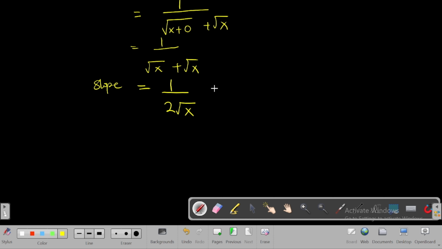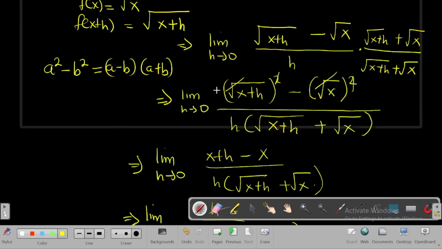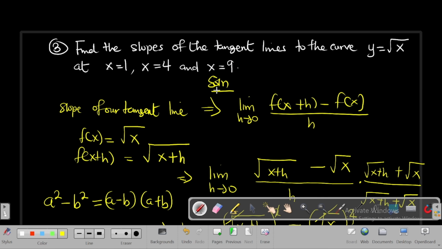Now the question asks us to find the slopes of the tangent line to the curve at certain points. Okay, so now they said find the slopes of the tangent line to the curve y is equal to square root of x at x is equal to 1, 4 and 9, right?